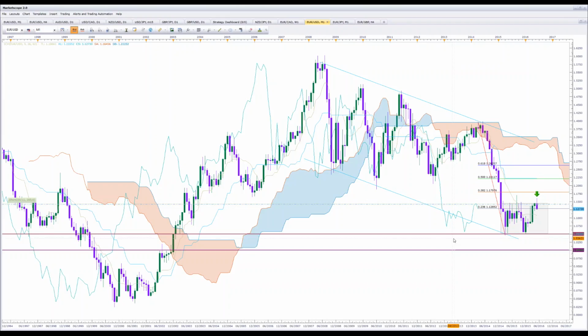At the same time, the U.S. dollar has a direct relationship with Chinese data as well. When China is printing out better than expected data, the U.S. dollar gets stronger. That would push the euro dollar lower as well. So you want to keep an eye on China when you're trading euro dollar.